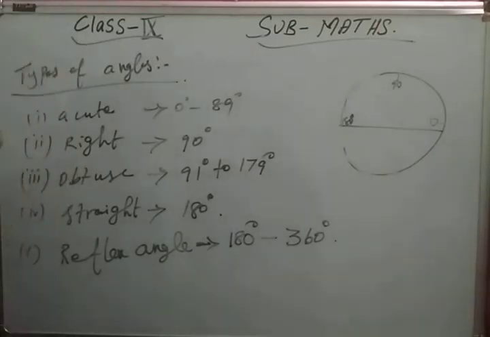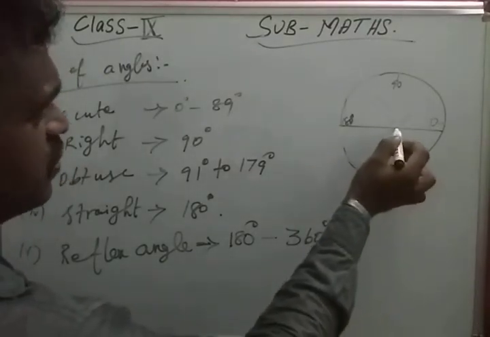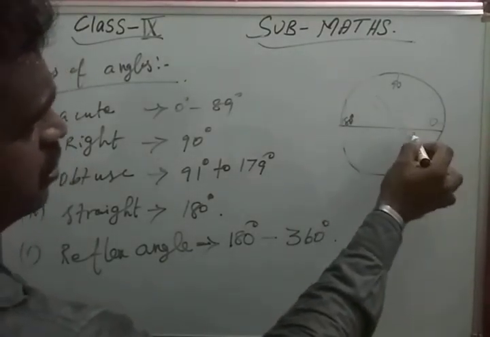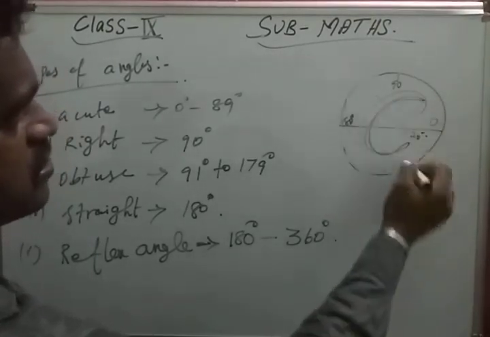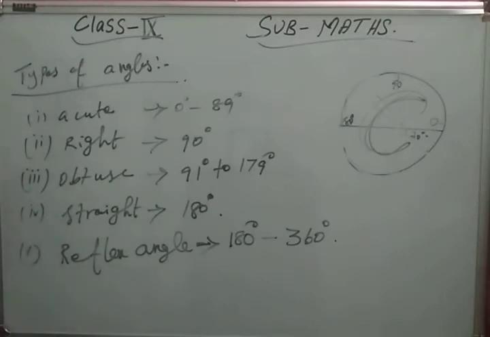If they have given reflex of 30 degree, this is the reflex area: 360 degree minus 30 degree, all the rest is reflex. When you see the sum, at that time you will understand what is reflex. So reflex means 180 degree to 360 degree, that they will say is the reflex angle.